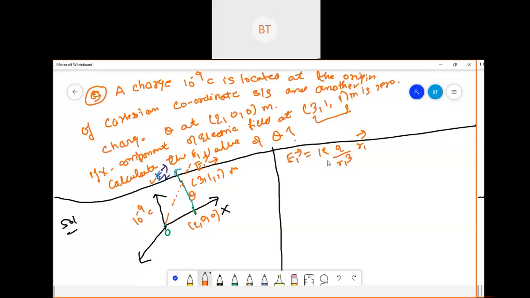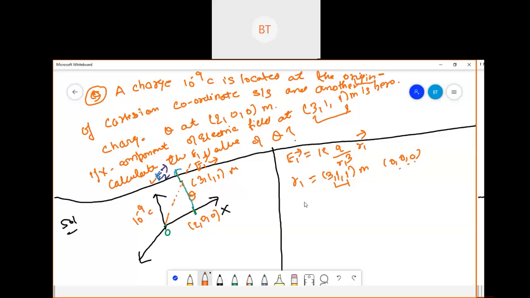Don't confuse K: that value is 9 into 10 to the power 9. The coordinates of R1 are 3, 1, 1. The head will be this one, and the tail will be 0, 0, 0, because the charge is located at the origin.